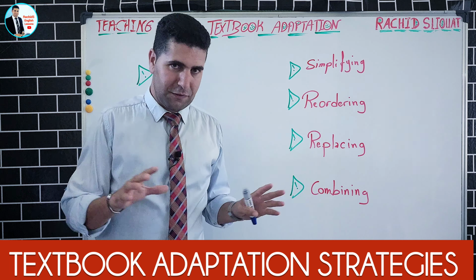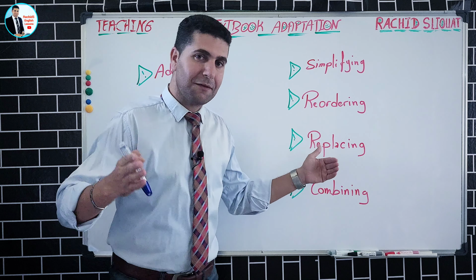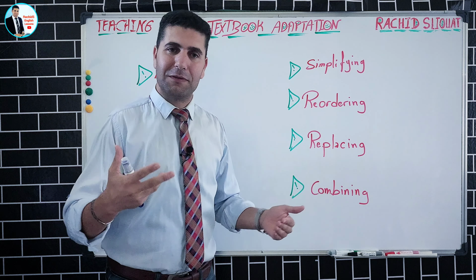most language teachers, if not all of them, use a textbook, but sometimes they intend to adapt it, to change something in the textbook. Now, a question: do we adapt randomly? The answer is simply no. Why? Because we have some techniques, some strategies that we have to follow in adapting a textbook.